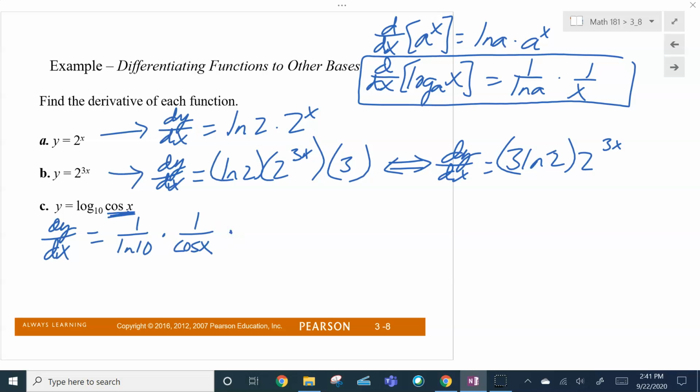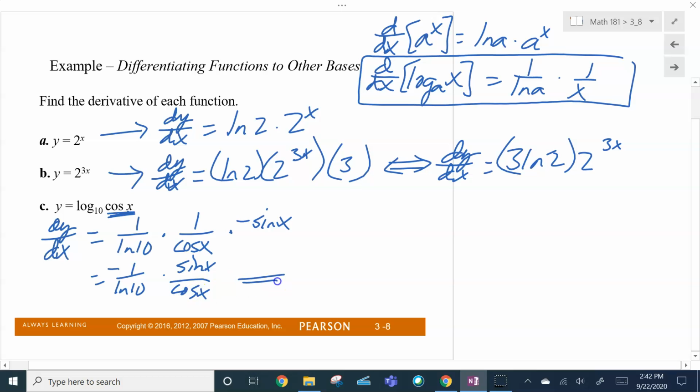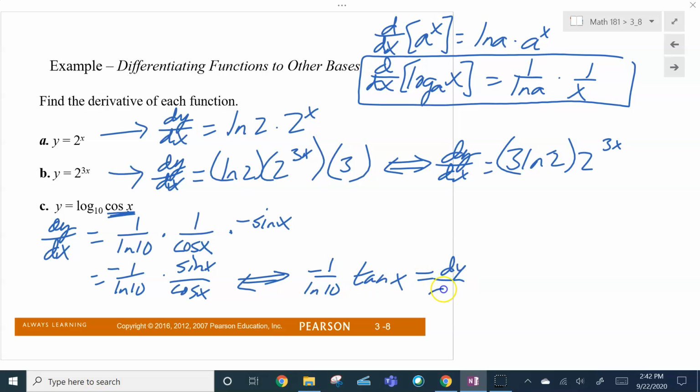So I got to take the derivative of the cosine, which is negative sine. So we've got 1 over the natural log of 10. I'm going to take that negative out front. And then times sine over cosine, or negative 1 over ln of 10 tangent of x. Same thing. That's your dy dx on that.